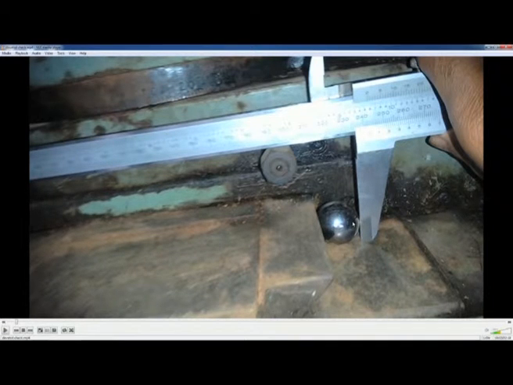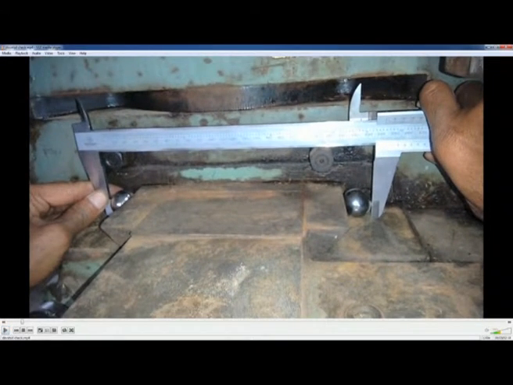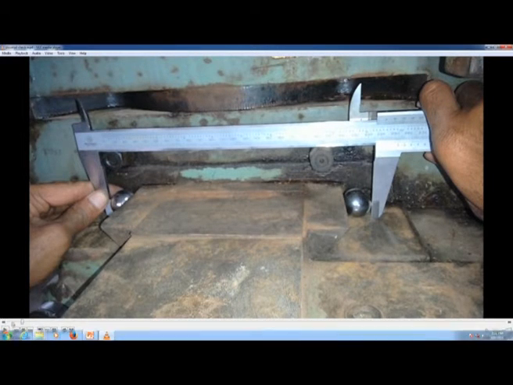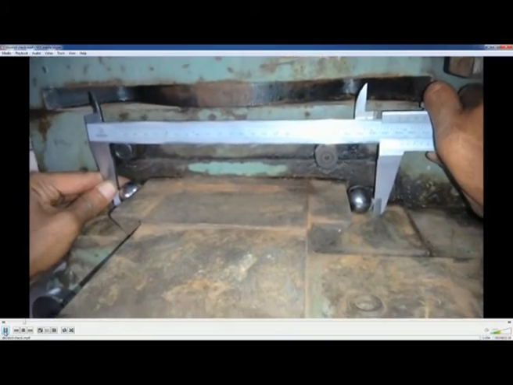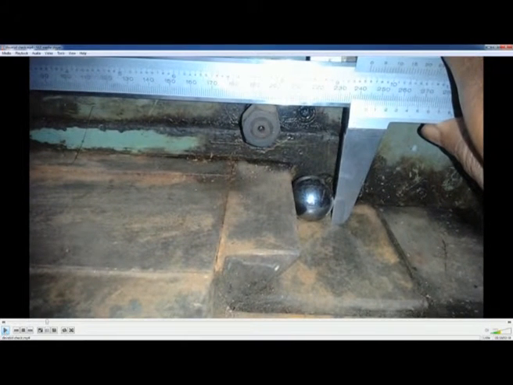Now, we are measuring M, the measurement over balls, using a vernier caliper. You can see here we have kept another ball here, and we are measuring the distance over the 2 balls.